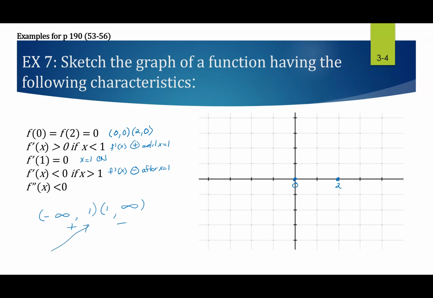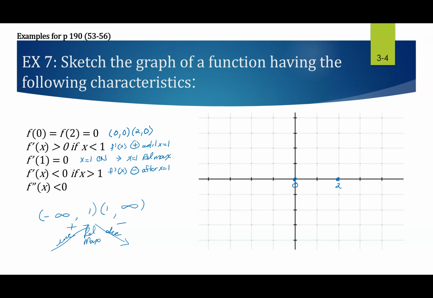So looking at what that tells us, we know the slope is increasing and then decreasing. So that makes 1 a relative max. So this tells us that x equals 1 is a relative maximum.